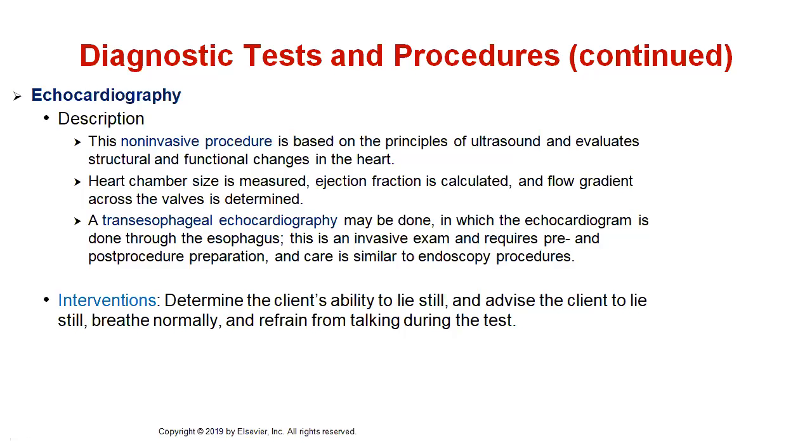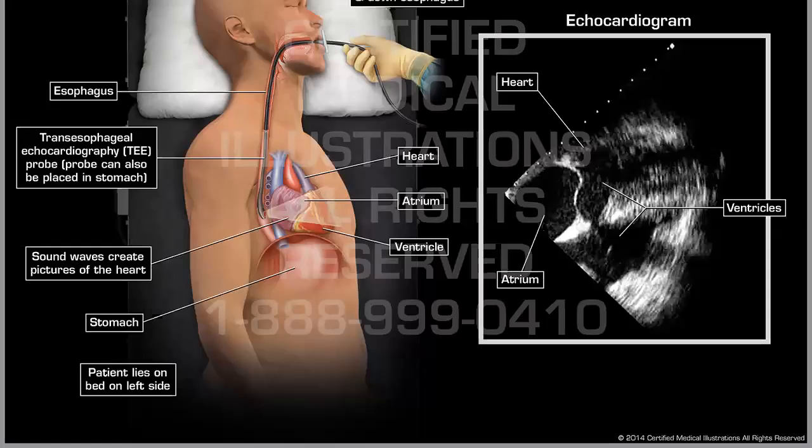We can detect a tumor in the heart, if any, or find any kind of valvular problem. This device passes through the esophagus, like this. It's called transesophageal echocardiography, shortly called TEE.